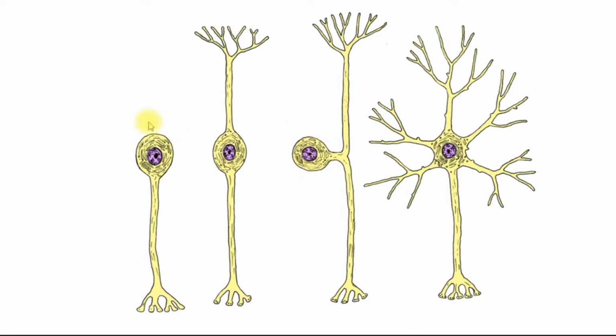Because they are alike unipolar neurons. They have one process which begins from the cell body, but this process is divided into dendrite and axon. That's why we call them pseudo-unipolar. So they are alike unipolar, they are alike bipolar, but they are exactly pseudo-unipolar, the third type of neurons.